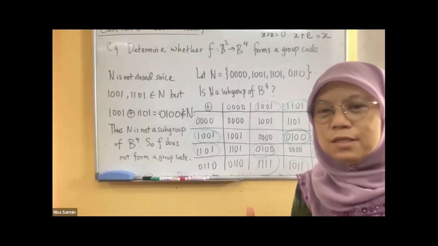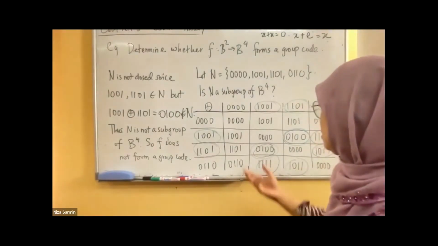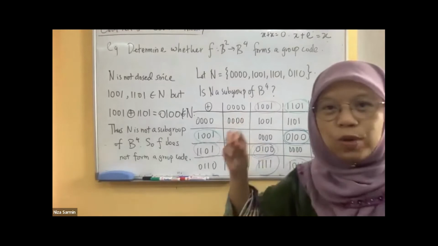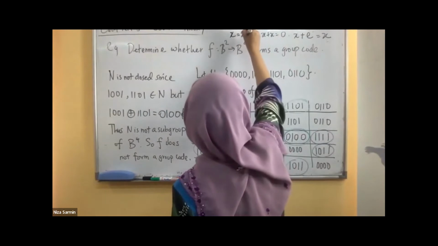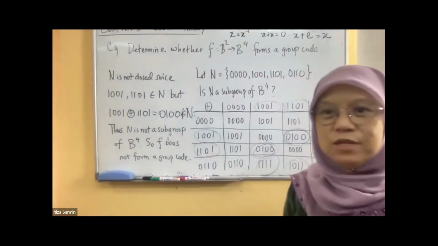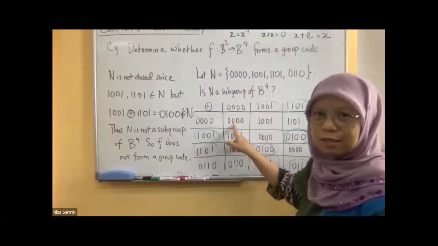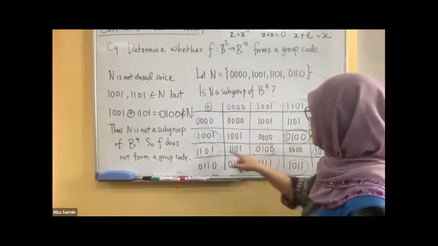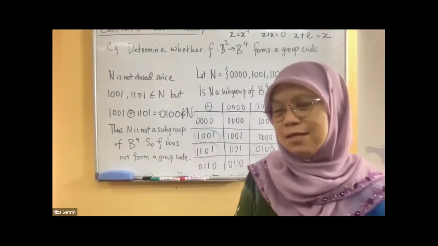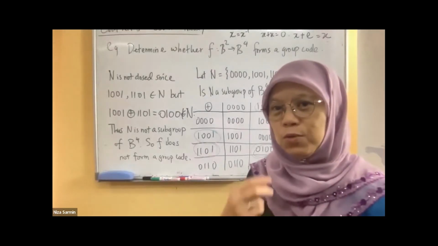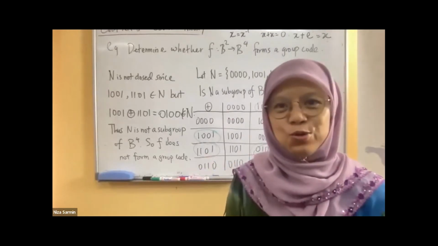Once the identity is there, it means x is always the inverse of itself, because this plus this gives identity, this plus this gives identity. So it's always the inverse of itself for this particular section. That's why what we normally check is the identity and closure.